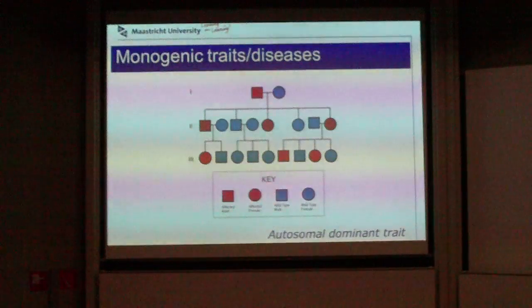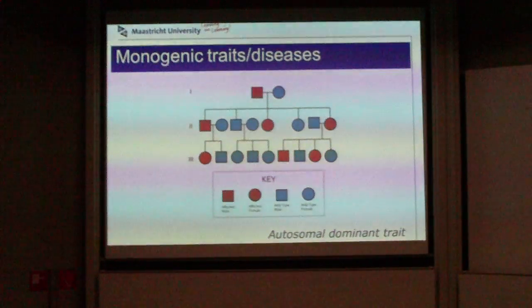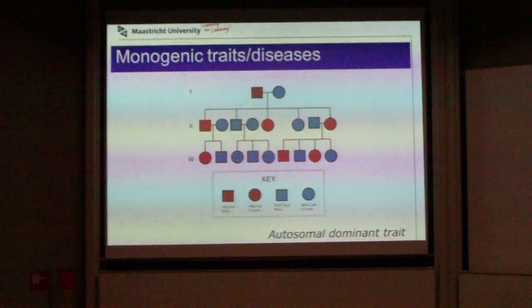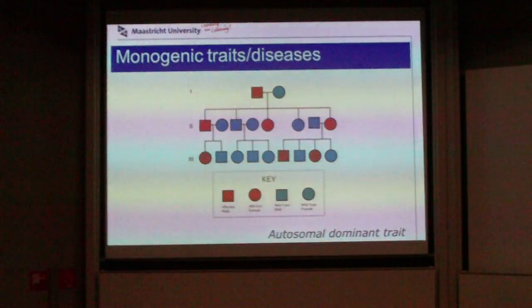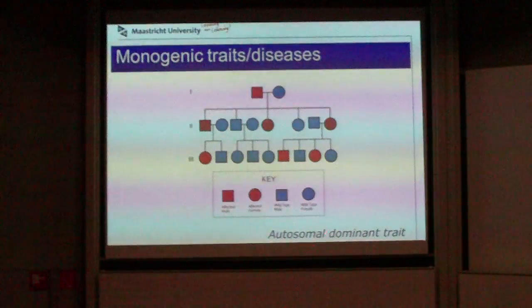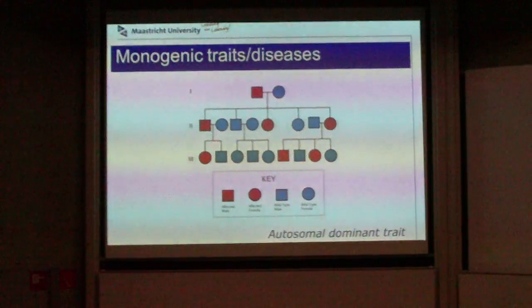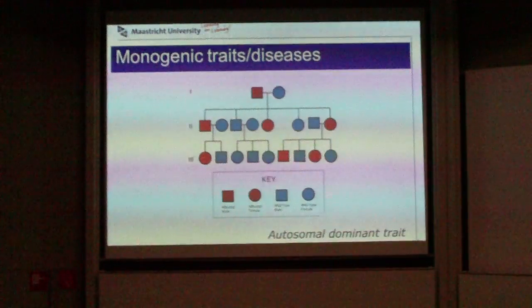Now these were just cytochrome P450s, one gene, but one gene is not always linked to one disease. So this is more or less the simple way. If you have an autosomal dominant trait or characteristic, then you get Mendelian inheritance.